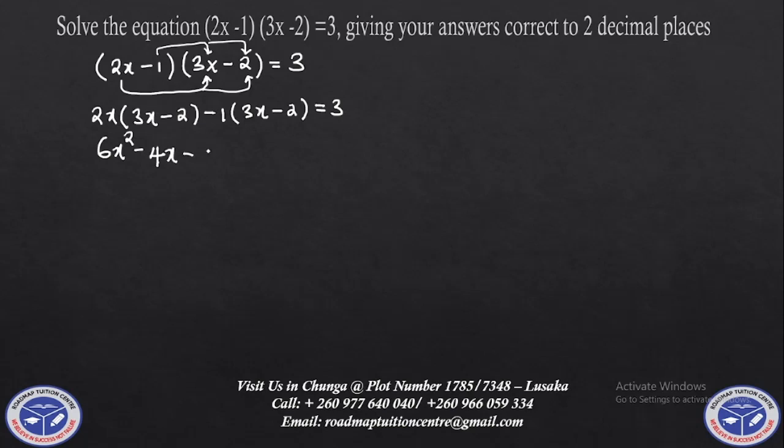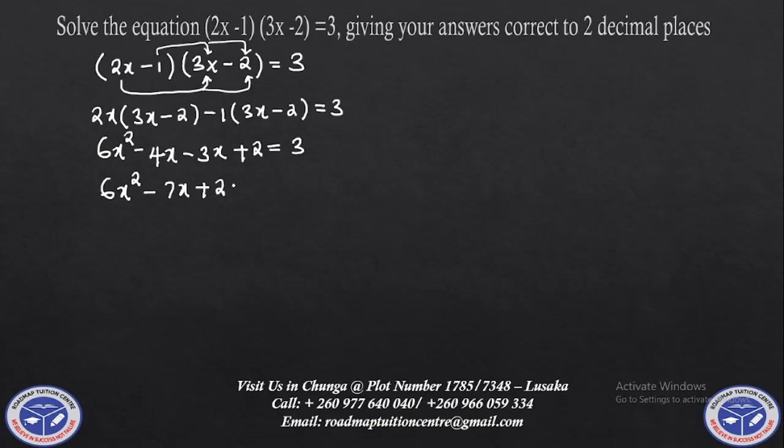Then negative 1 multiplied by negative 2 gives a positive 2, being equal to 3. Negative 4x minus 3x are like terms, so we get negative 7x plus 2 being equal to 3.